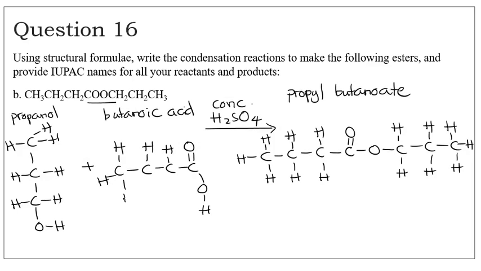Be careful, make sure you actually have only 4 carbons in your main chain for butanoic acid, so you don't add an extra carbon unnecessarily. And do not forget the final product, which is H2O, and name it. And I think that's it for 16.